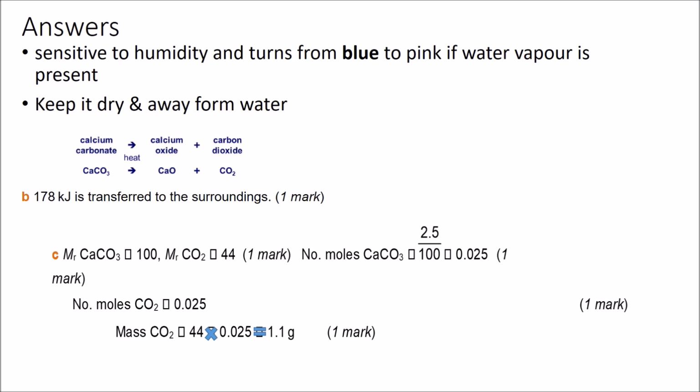So then we have 0.025 as the number of moles of carbon dioxide. Then we multiply the number of moles of carbon dioxide by the molar mass, which is 44. So 44 times 0.025 equals 1.1 grams. So you form 1.1 grams of carbon dioxide.